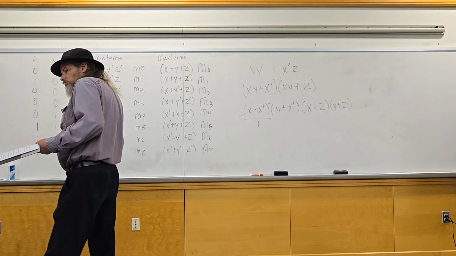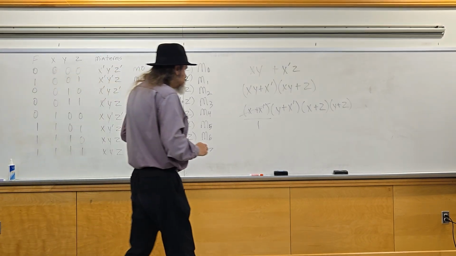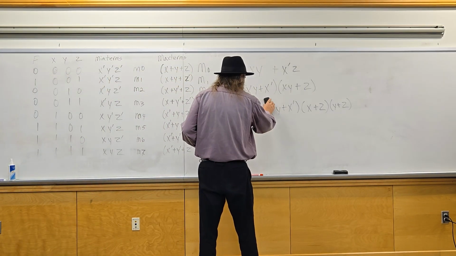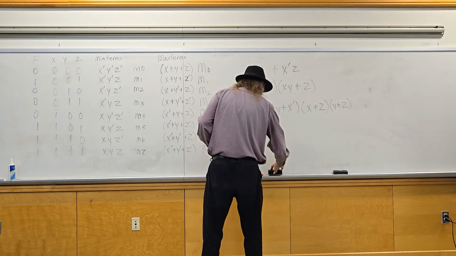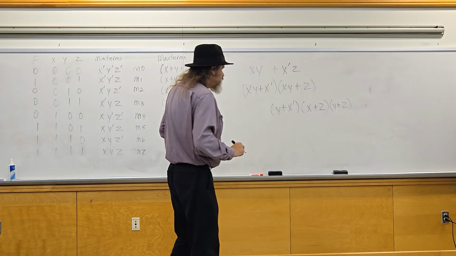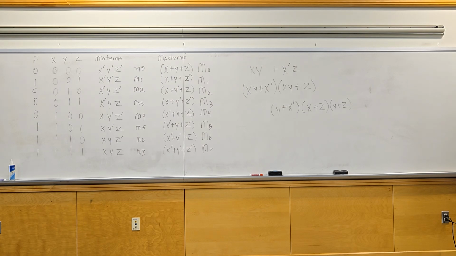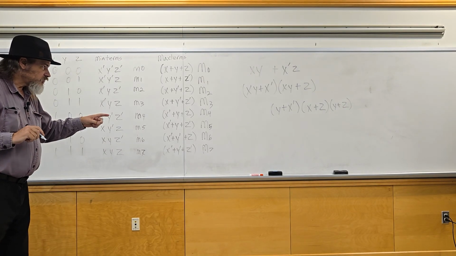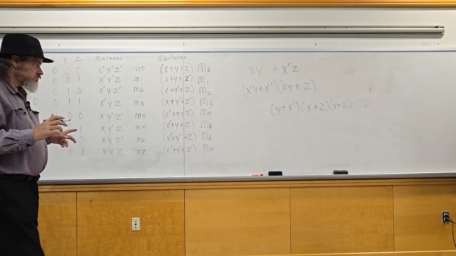So you have these, a product of sums, but they're not maxterms. So in each term, for the missing variable from each sum term, you OR it with 0.